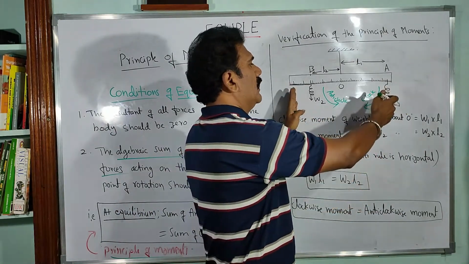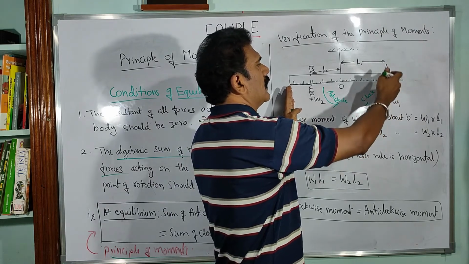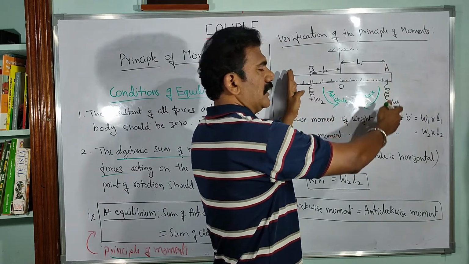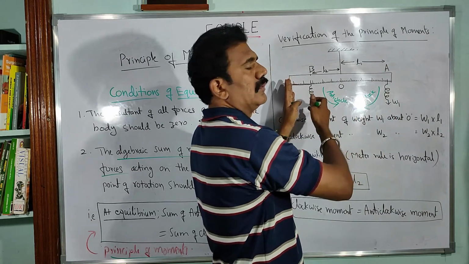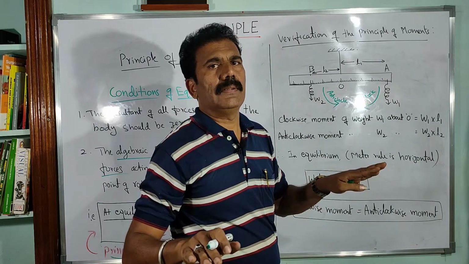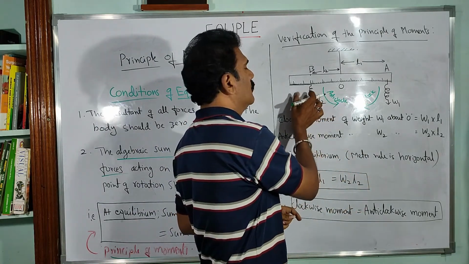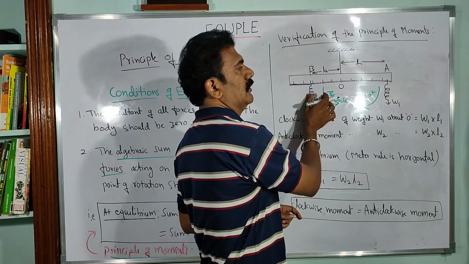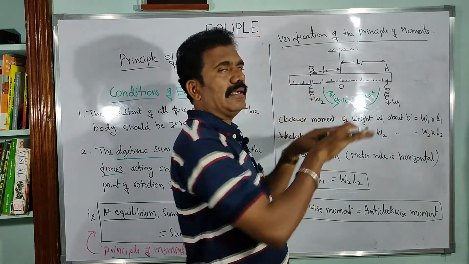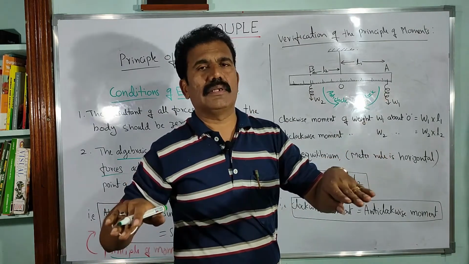Whichever weight is larger, the higher weight can make the beam bend downwards, and the lighter weight will move upwards. So in that case, to achieve the equilibrium condition again, you have to move the position of the weight W2, so we can bring the beam back to the horizontal position.